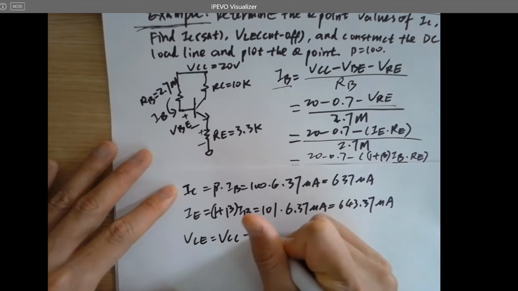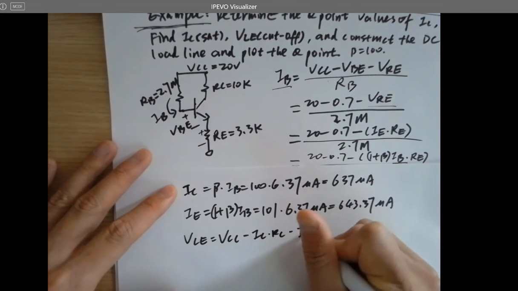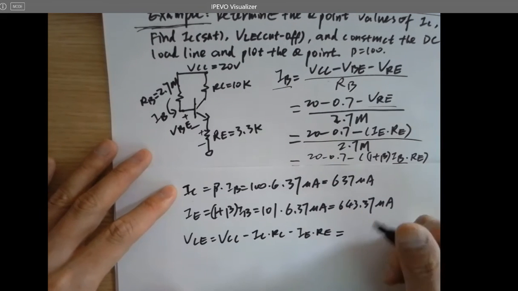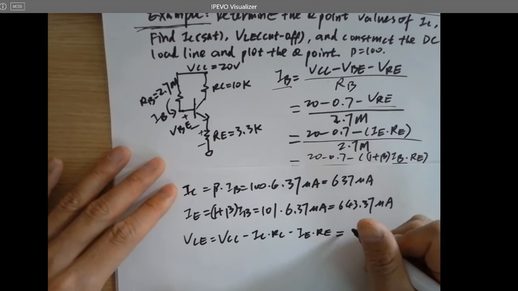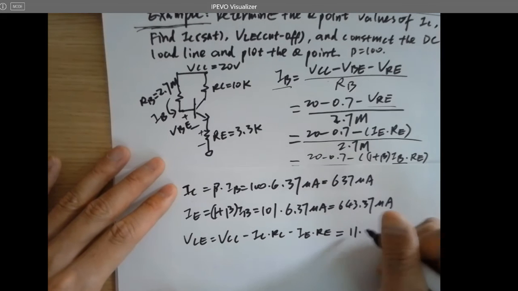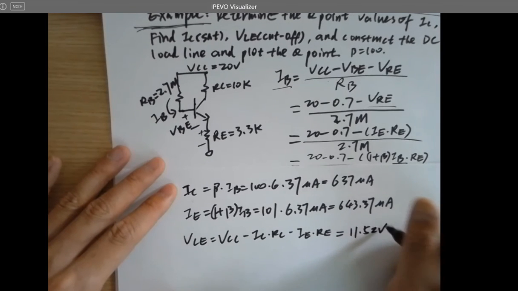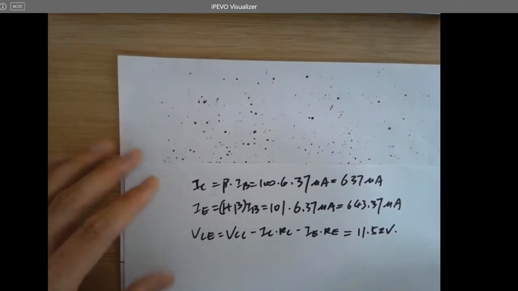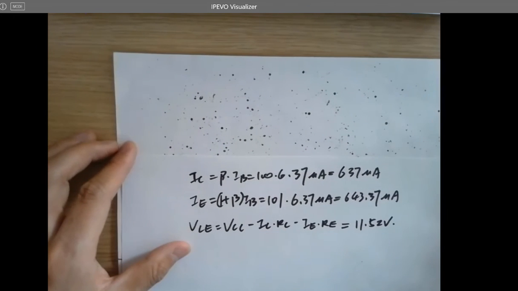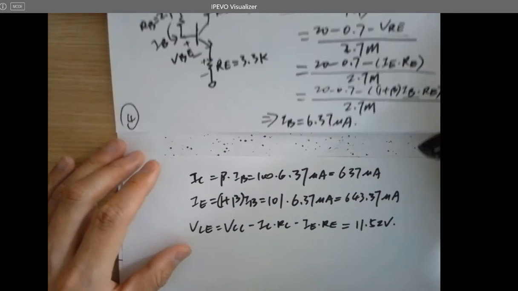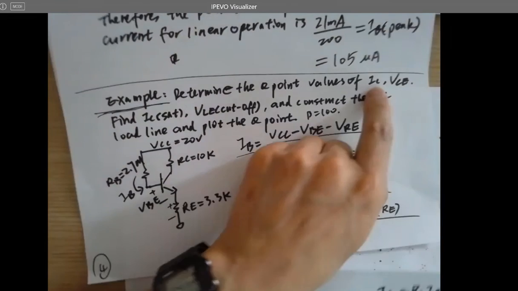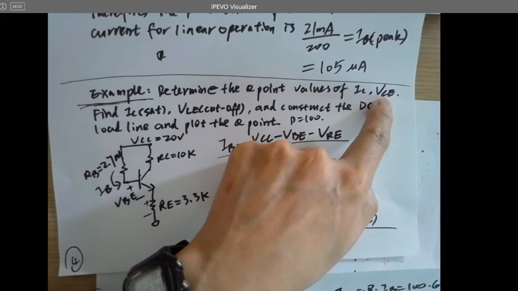VCC minus IC times RC minus IE times RE, which is 11.52 volts. So these two questions are answered already.